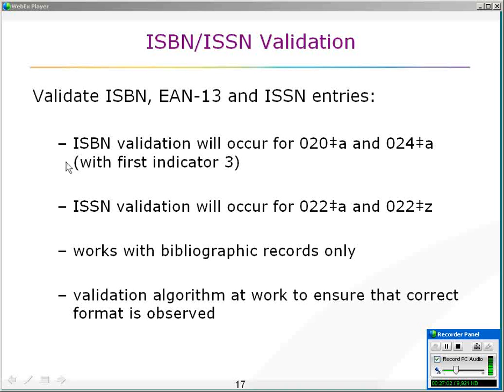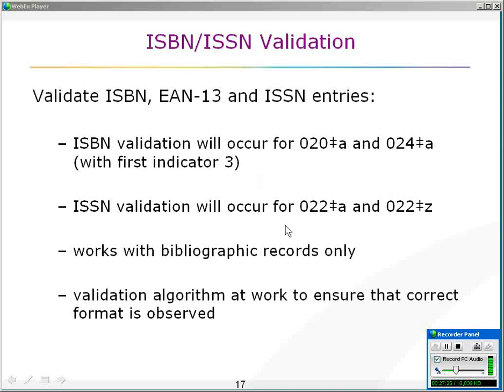Other details that we have for this is that whenever a record is saved to the database, the designated fields are going to be validated. And so we've got the ISBN validation occurring for the 020 subfield A and 024 subfield A when there's a first indicator 3 present.